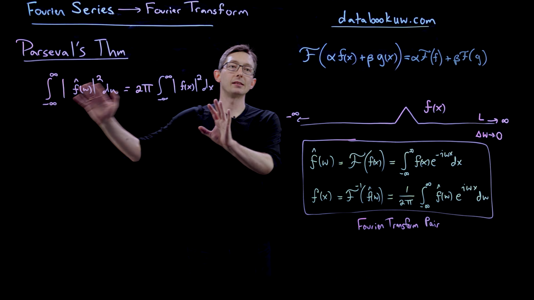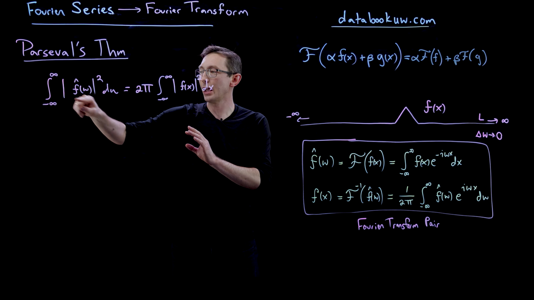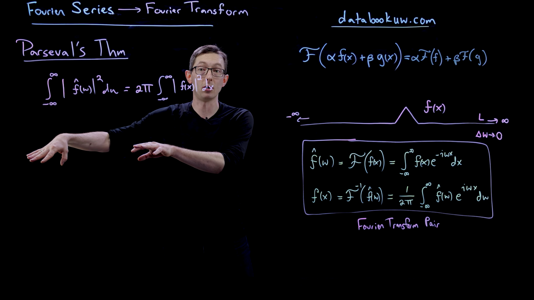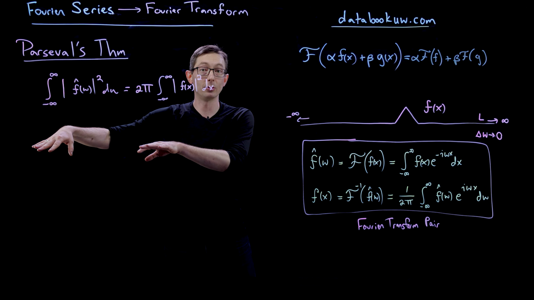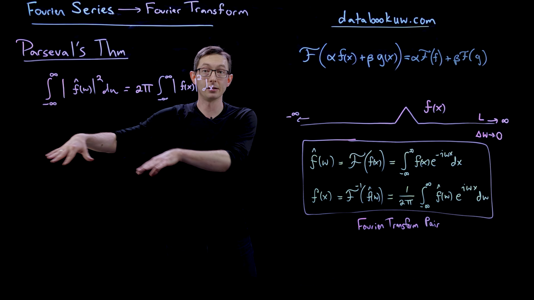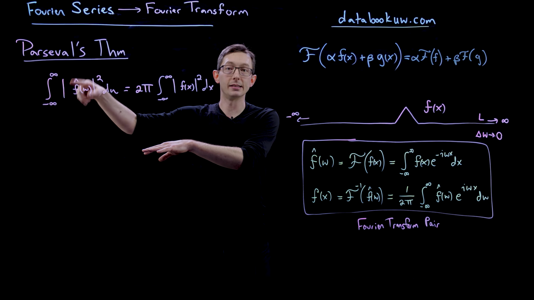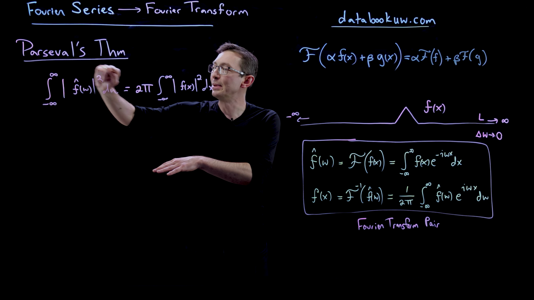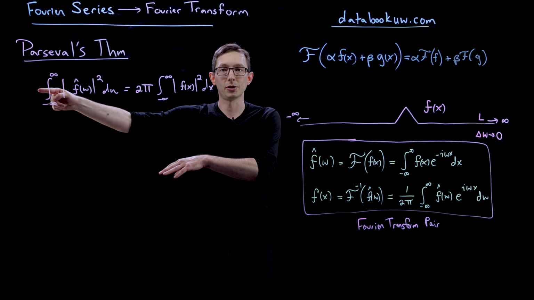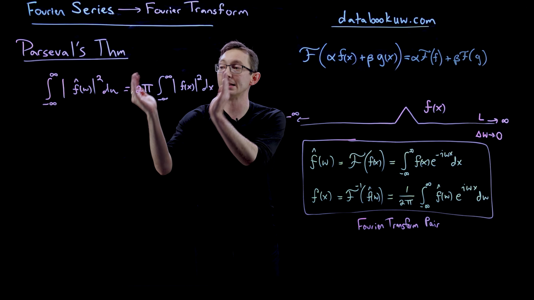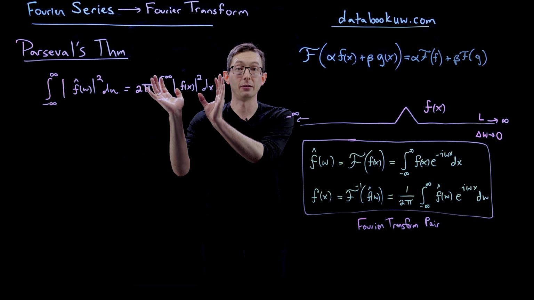What this theorem says is that if there are Fourier coefficients that are negligibly small, and I remove them, I set them equal to 0, I truncate my Fourier series or Fourier transform and remove those almost 0 Fourier coefficients, because this integral doesn't change much, it tells me that I'm still capturing most of my function f of x.